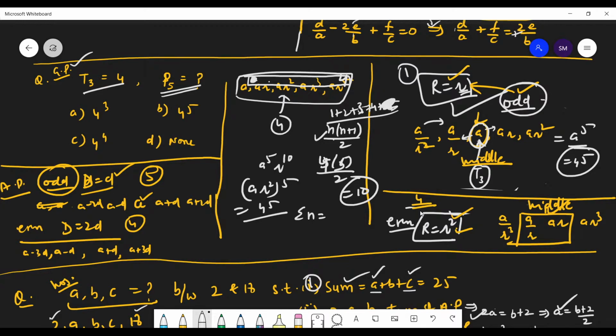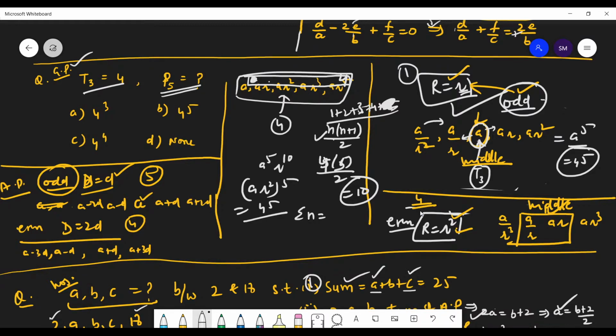The question is: does there exist a GP containing the terms 27, 8, 12 as three of its terms?